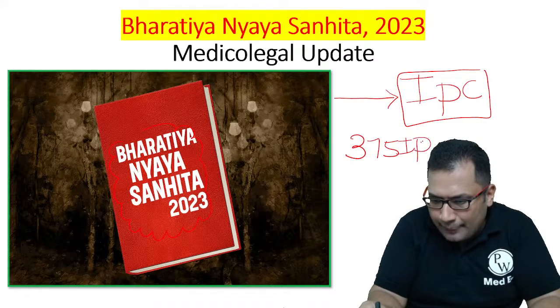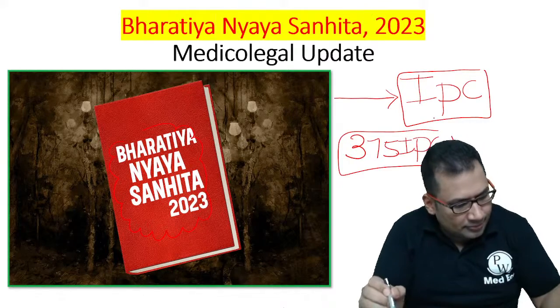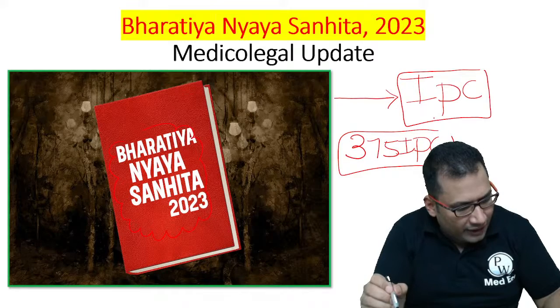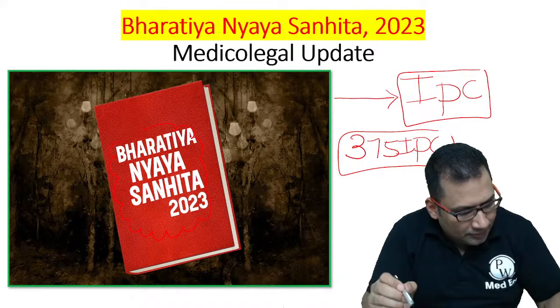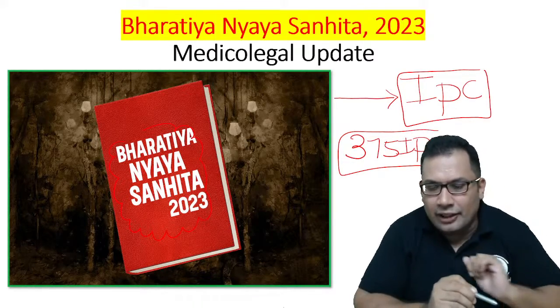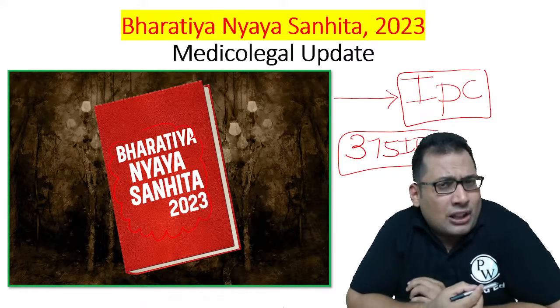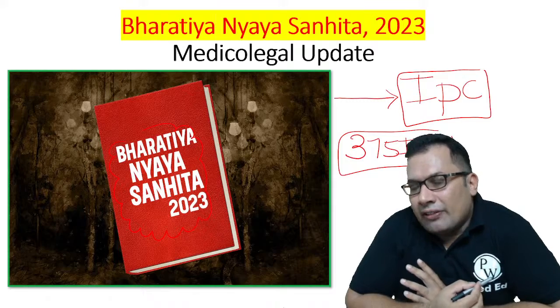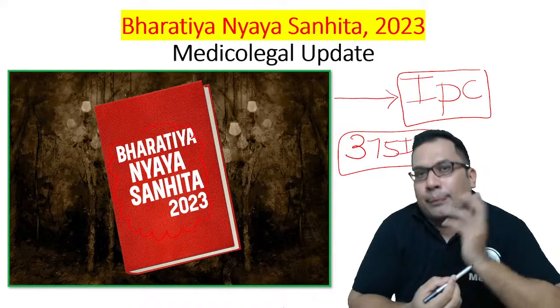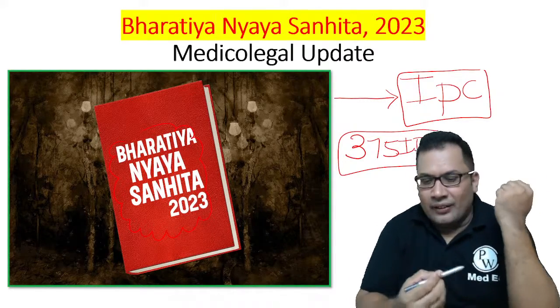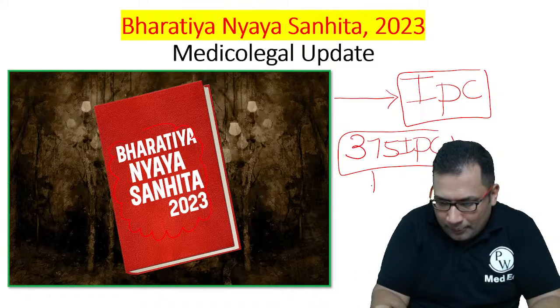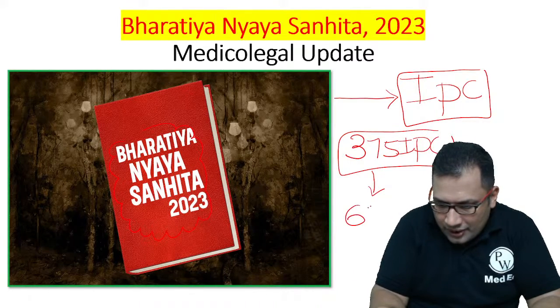For example, 375 IPC. What is 375 IPC? Anyone in the chat box? We discussed it many times in our classes. 375 IPC defines rape, right. Now this is going to become 63 BNS.